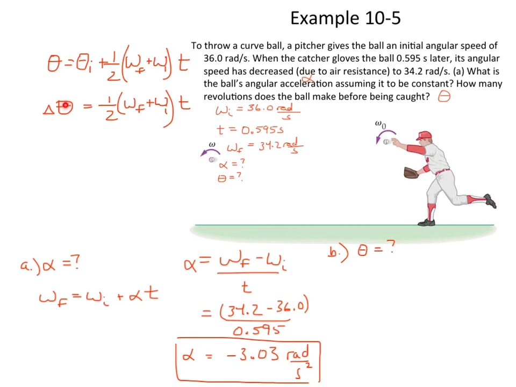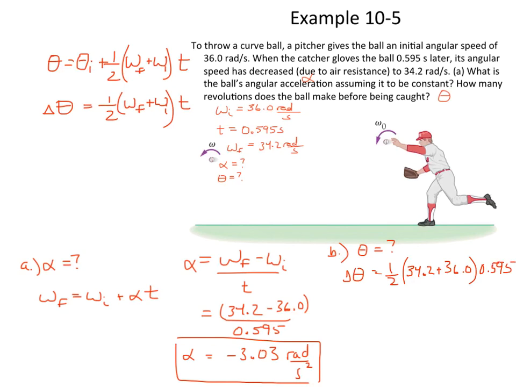So delta theta total is 1/2 times, what's our final angular velocity? That is 34.2, plus our initial angular velocity, 36.0, times 0.595. I do need more space. It's getting a little tight in there.